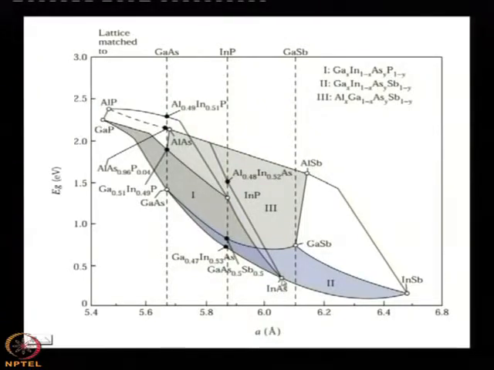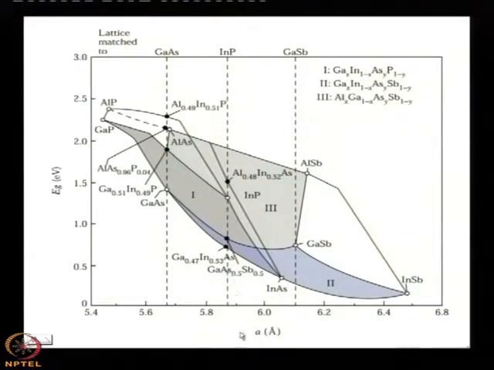Okay. A wide range of variation you can make. The band gap of gallium phosphide is 2.26, the band gap of indium arsenide is 0.47. So, from 0.47 to 2.26, a huge variation is theoretically possible by changing the composition of X and Y.